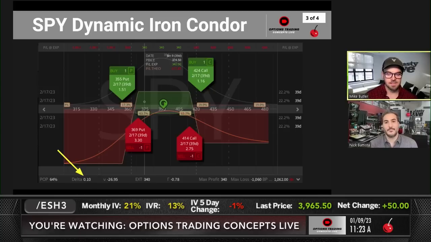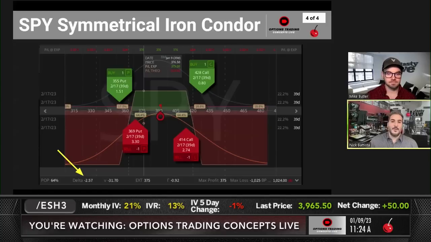Yep. And this is just really delta matching the position. And if there was call skew, it would be the opposite. The put side would have a more narrow spread relative to the call side for the exact same reasons, just inversed. Yep. And then this next one has those same short options, going $10 or $14 wide on either side. I basically just flattened out the risk on the call side, so it's equal to the put side.